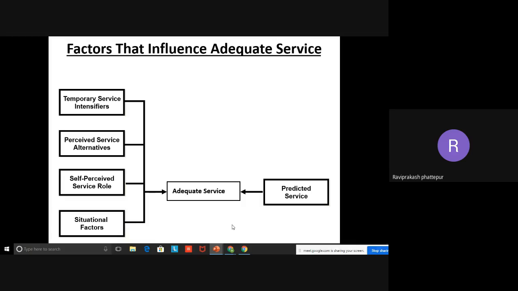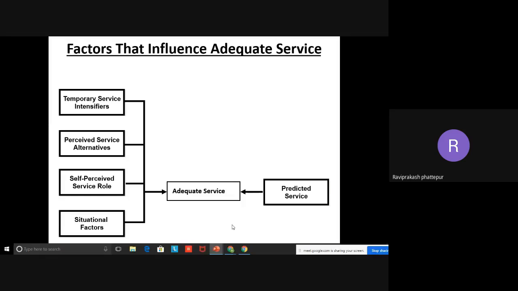In other words, customers' expectations are partly shaped by how well they believe they are performing their own roles in service delivery. What do you mean by own roles? Here, the word to remember is role.